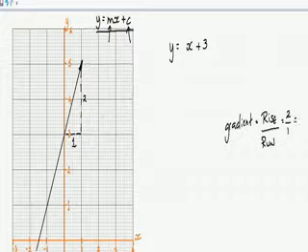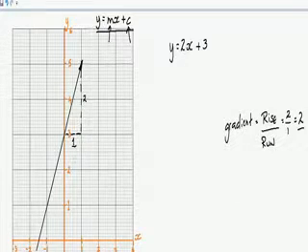Anything over 1 is itself. So our gradient is 2. That tells me how many x I have. I have 2x. So this line is the equation y equals 2x plus 3. Really is that simple.